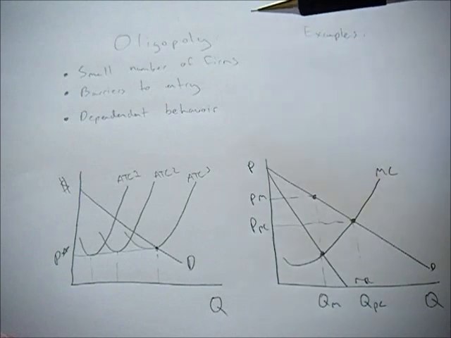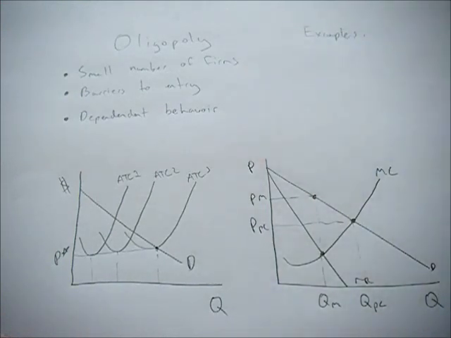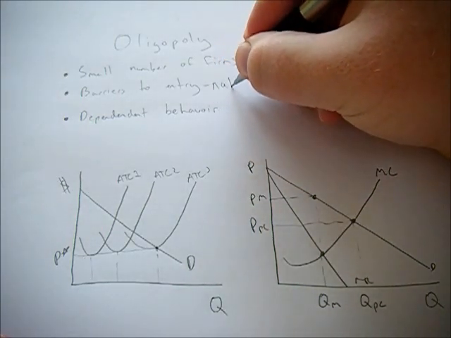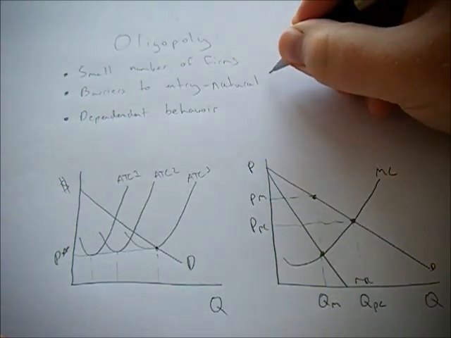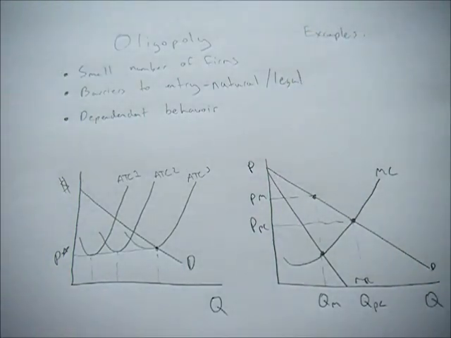So what can lead to an oligopolistic market? The small number of firms and barriers to entry? Well, there's two types of barriers: natural and legal. A legal barrier is just the government either making laws or issuing permits that say there can only be a select number of firms.